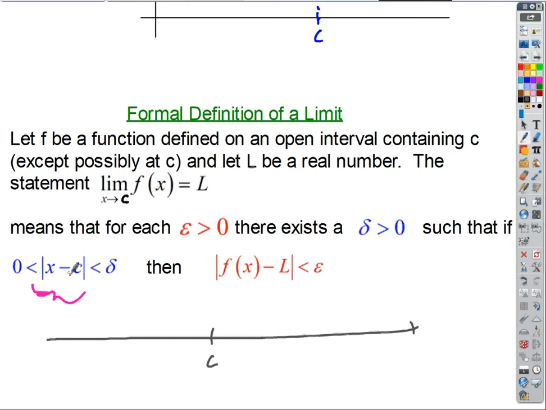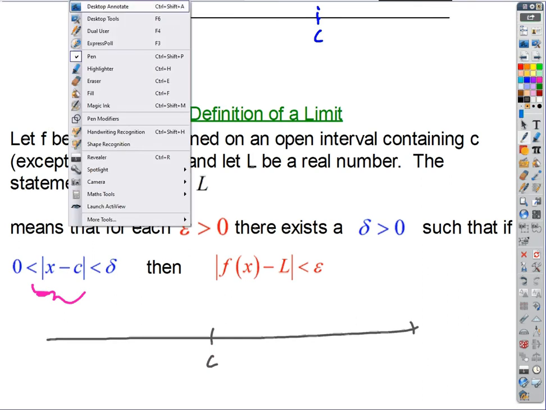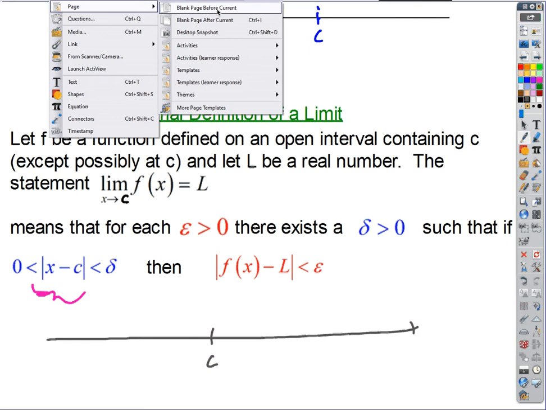Like if you go back to algebra 2 for a second, you saw stuff like this, like you did problems like this. If I had the absolute value of x minus 2 is less than 4, right? You were asked to maybe solve that absolute value inequality. What did you do?